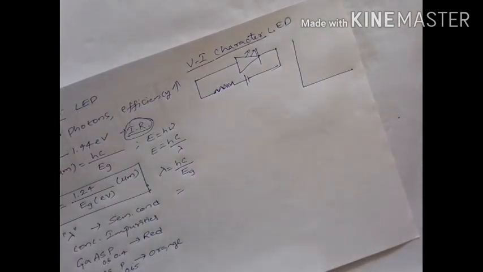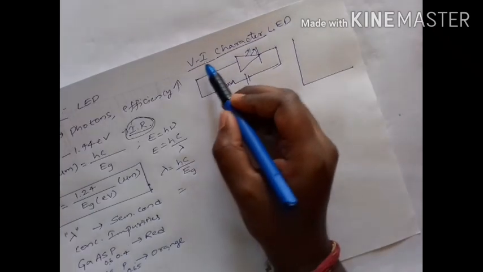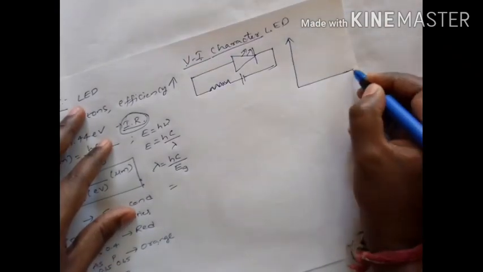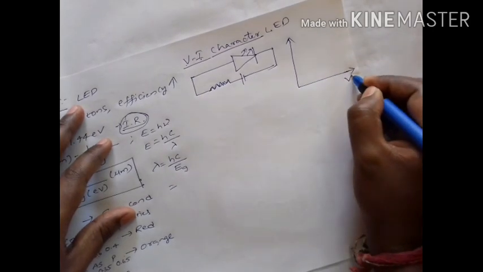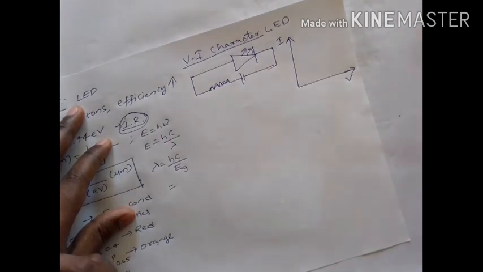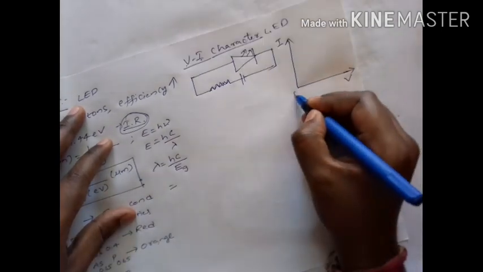VI characteristics are nothing but studying the properties of current with respect to its voltage. On the x-axis I will consider the voltage parameter, and on the y-axis I will consider the current, and this is the origin.